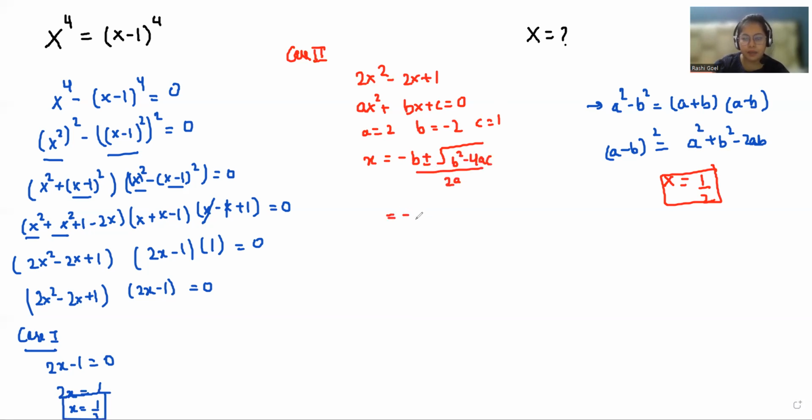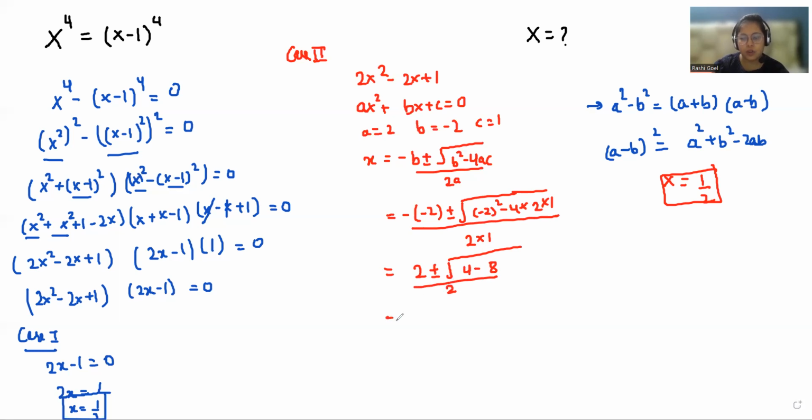So minus b is minus (minus 2), plus minus under root (minus 2) square minus 4 times 2 times 1, divided by 2 times 1. So here 2 plus minus under root, when we solve under root, 4 minus 8, divided by 2. So 2 plus minus under root minus 4, divided by 2.